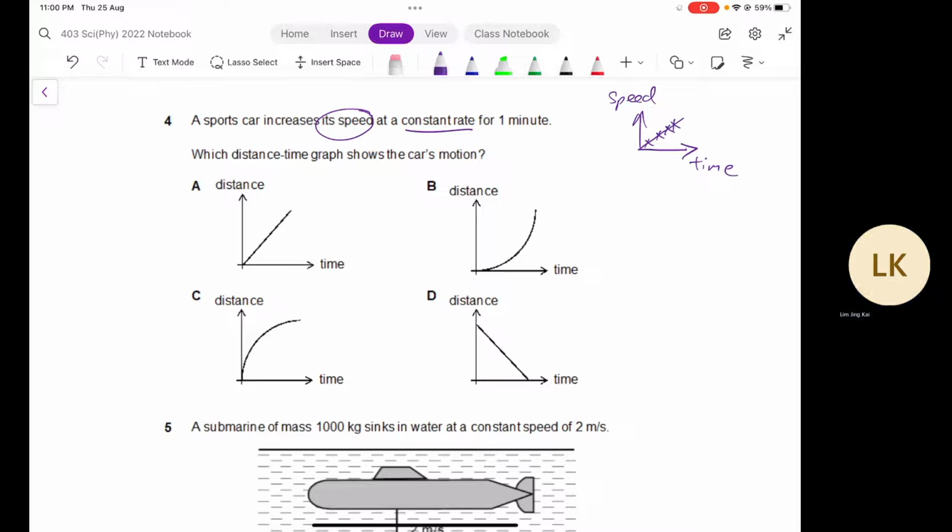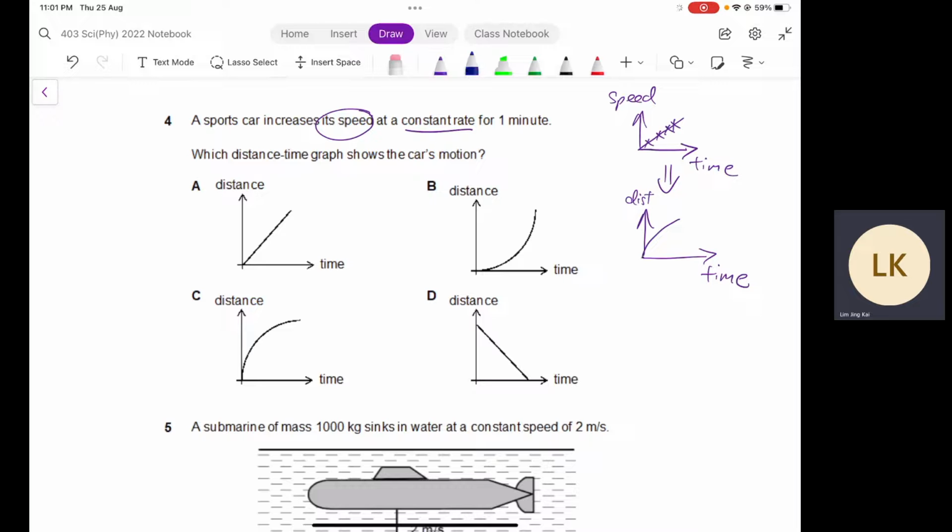This essentially means that I need to show that the gradient of the distance-time graph must change. It can change in this way, or it can change this way. But at the moment, we don't have any definite answer. It should be either one of these. So let's look through the answers that are available.